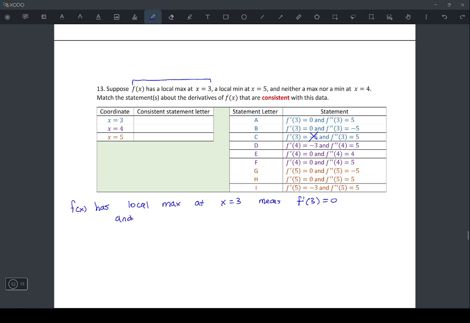And max means concave down. So f double prime at 3 is equal to negative. The second derivative being negative means we can get rid of option A. So option B must be correct.